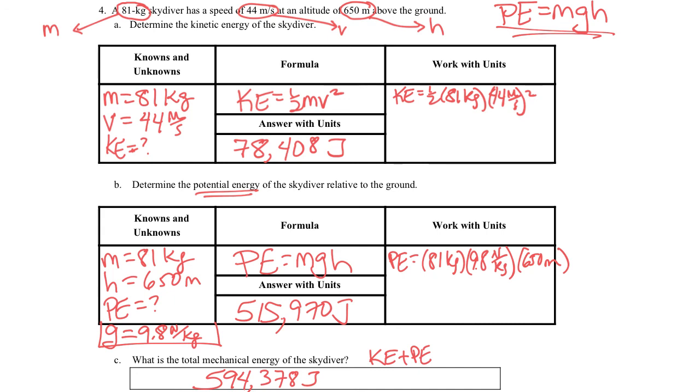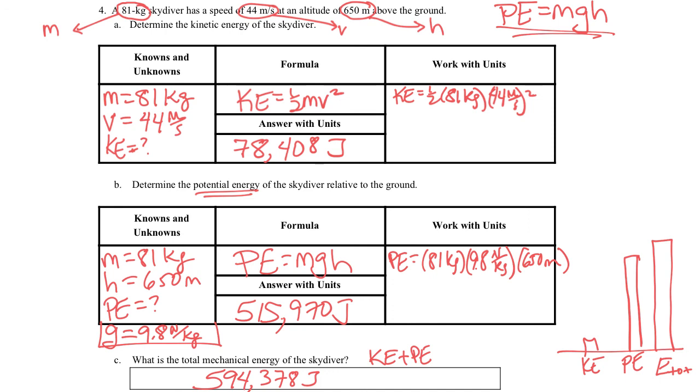If we're actually thinking about this, if this is our total, our potential is most of it, and the kinetic energy is a lot smaller. So if you're thinking about this skydiver falling, here's the ground. They just started falling there, then maybe they're just right here. You can tell that because of how much the potential energy is compared to the total mechanical energy. All right, hope that helped.